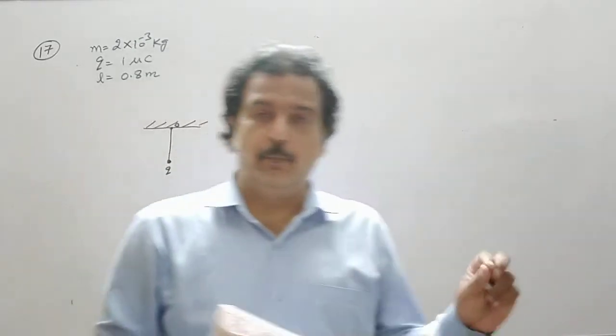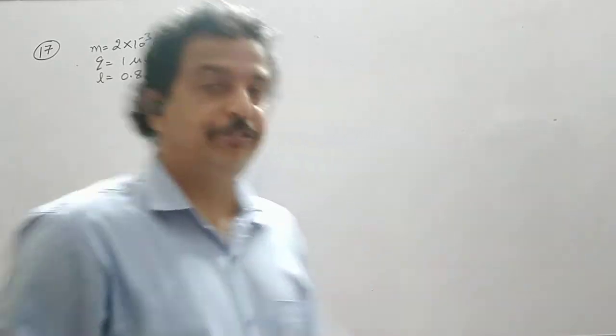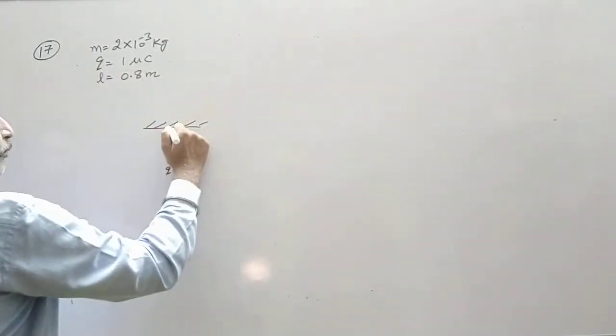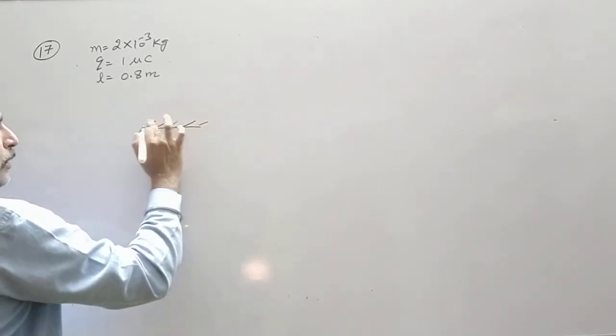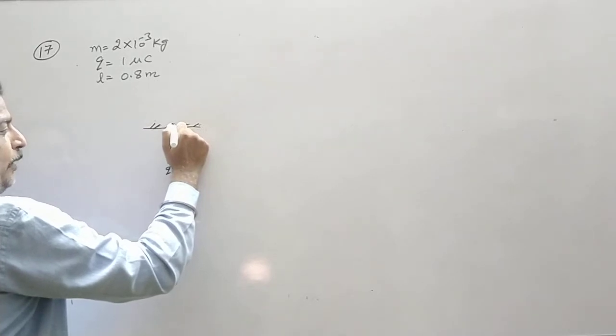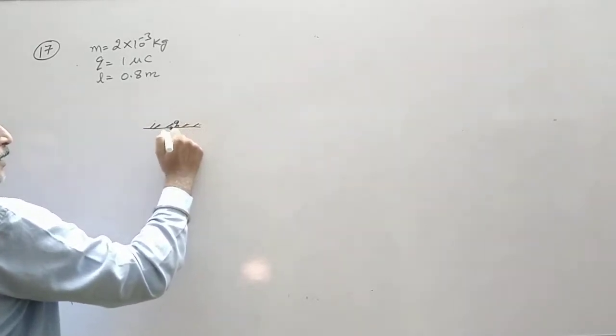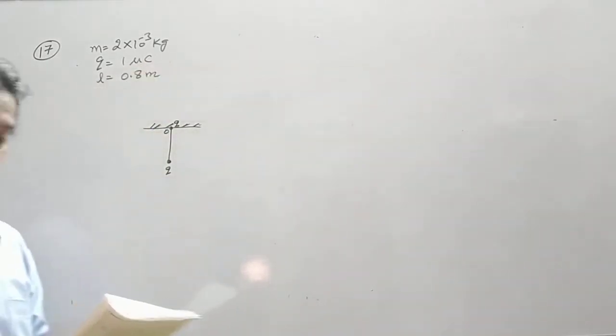Another identical ball having the same charge is kept at the point of suspension. So this is your point of suspension, and another charge is kept at this point. Let this point be denoted by O and the charge is Q. So one charge is kept here.